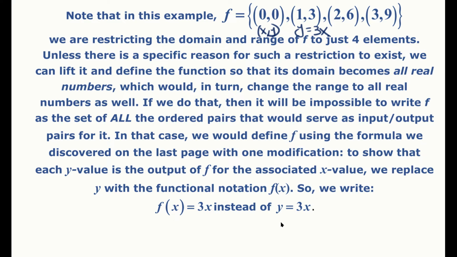Now, if I simply take the y and replace it with f of x, I have depicted this function using functional notation right there. So f of x equals 3x.